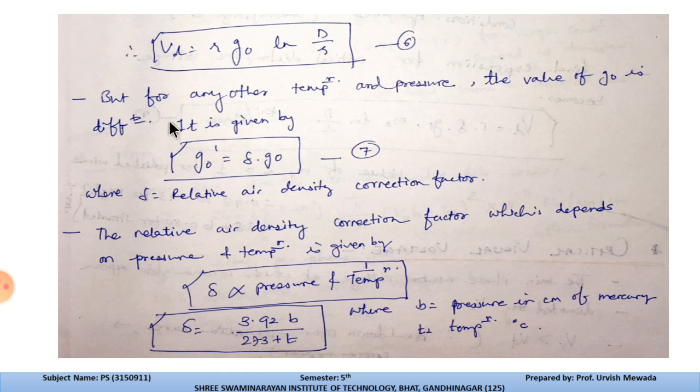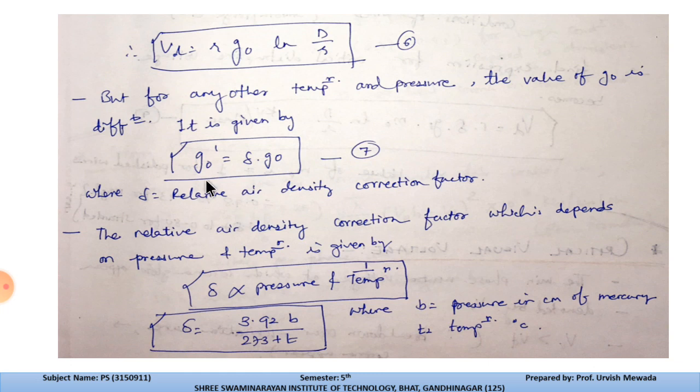But for any other temperature and pressure, the value of G0 is different, so G0 dash is equal to delta into G0, where delta is the relative air density, which depends upon the weather condition.